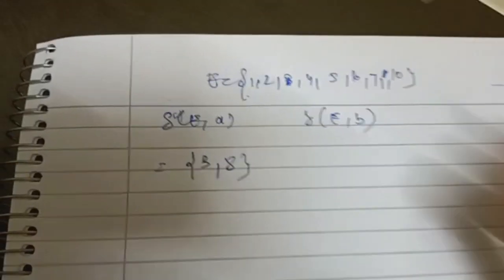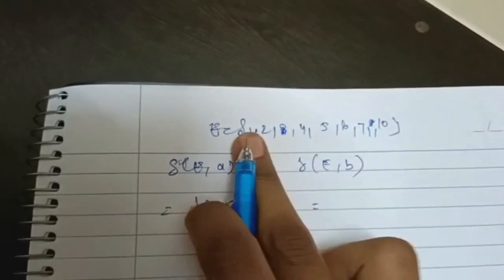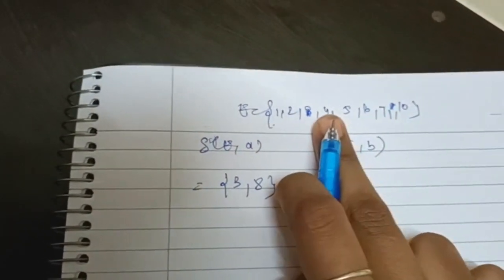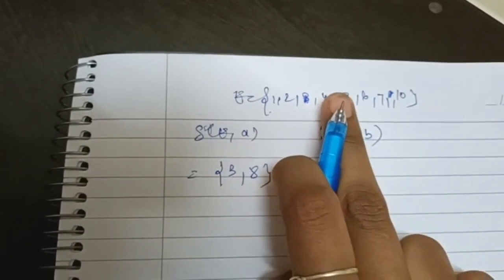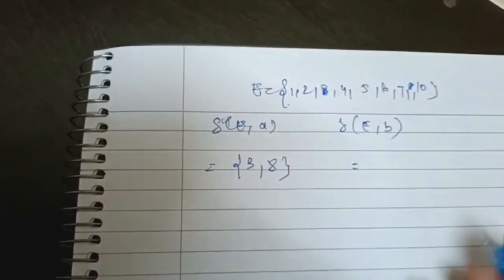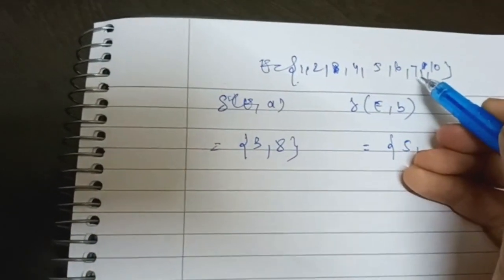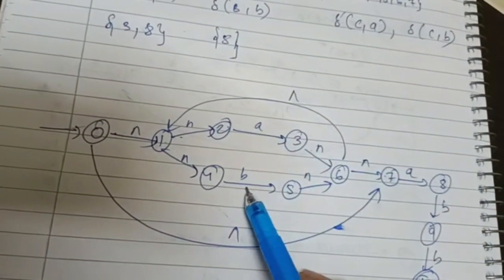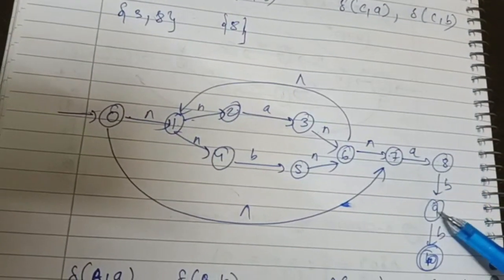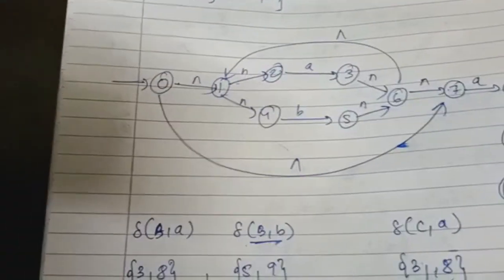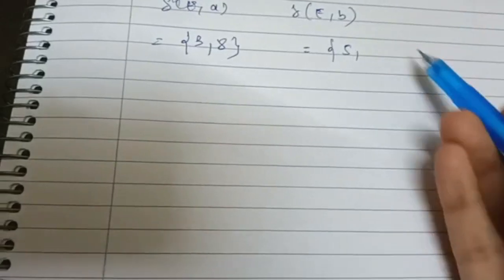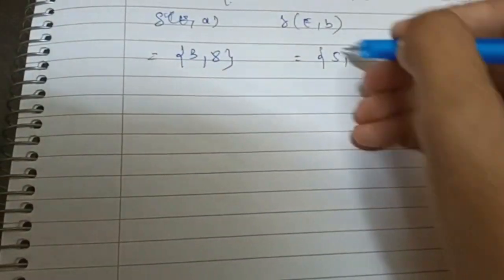Then for delta E comma B, we only had a transition of 4 to 5 with the input symbol B, so 5, and from 4 to 5 and 8 to 9 and 9 to 10. So we don't have here 8 and 9, so it will be 5 only.